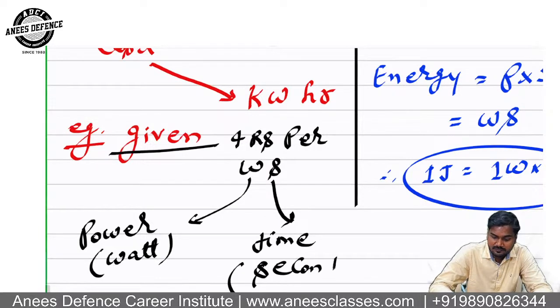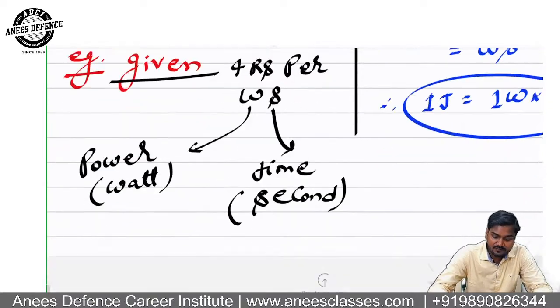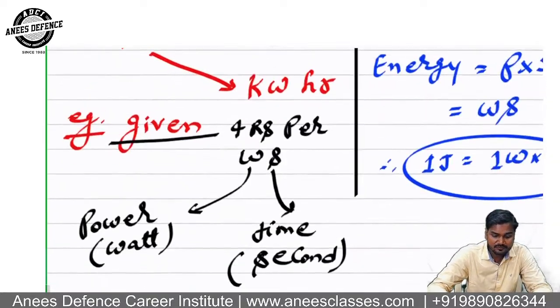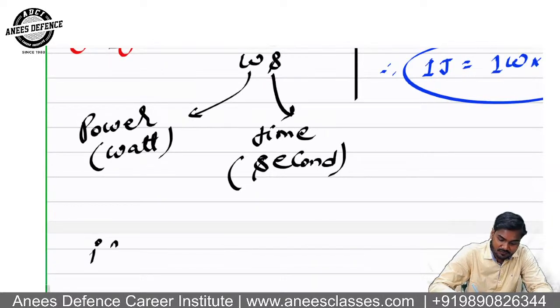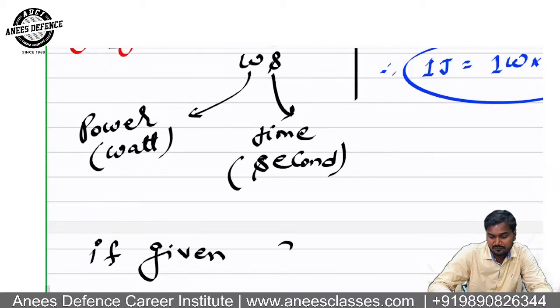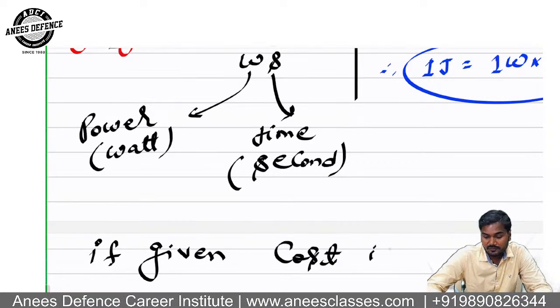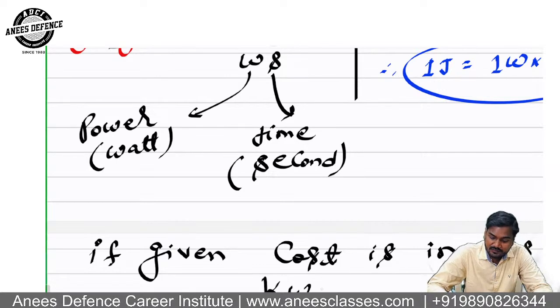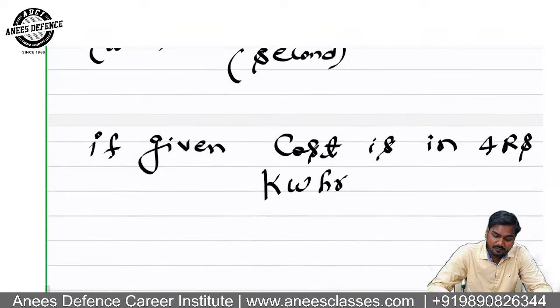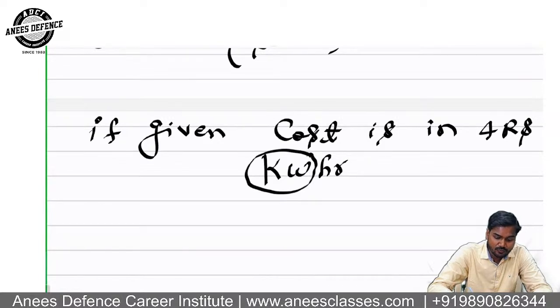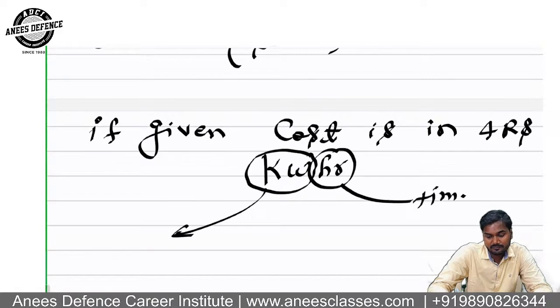Another way, if the cost is given as, for example, 4 rupees per kilowatt hour, it means power should be in kilowatt and time should be in hour.